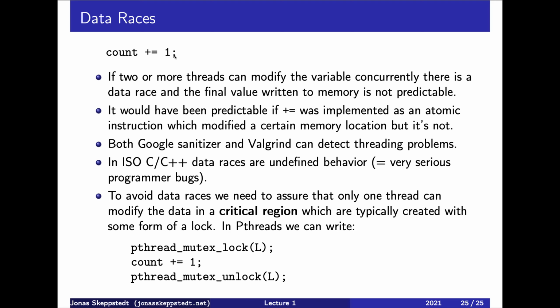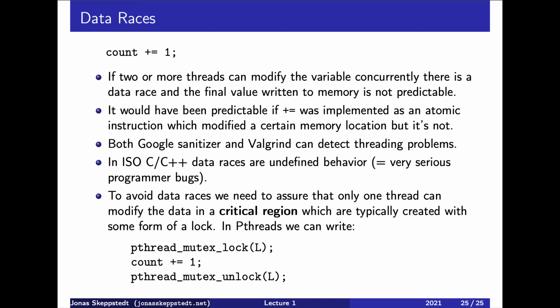It would be 2 if this add instruction would read, modify and write back atomically into memory, but that's not the case. One way to make this predictable is to use atomic int, the type, instead of int.